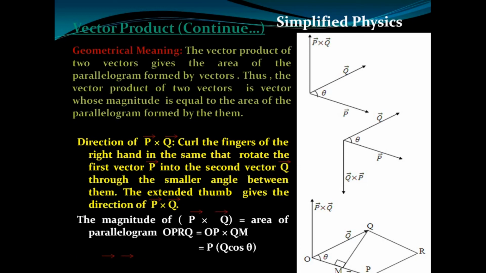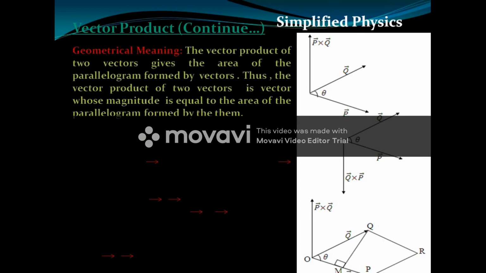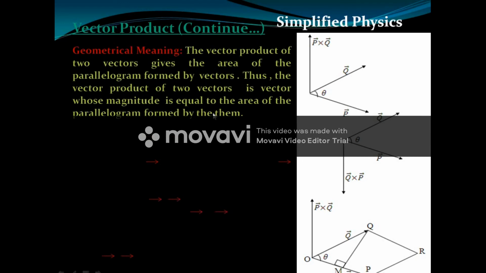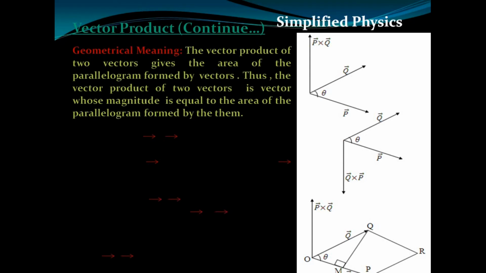That's why we can say that the vector product of two vectors is the vector whose magnitude equals the area of the parallelogram formed by them.